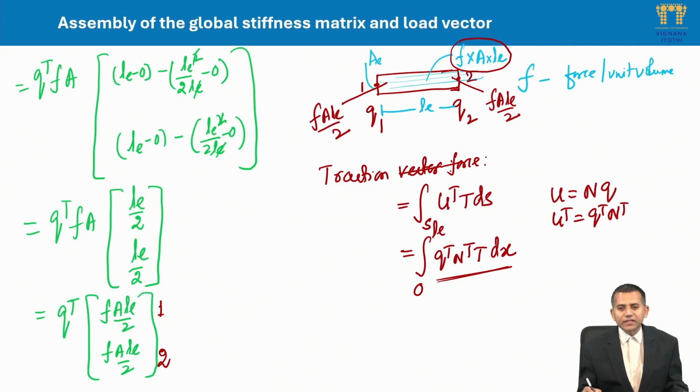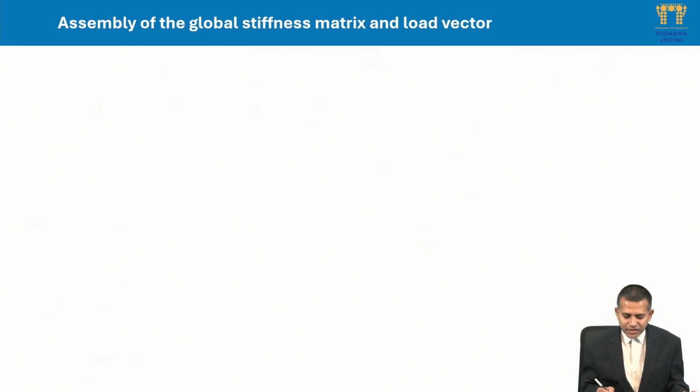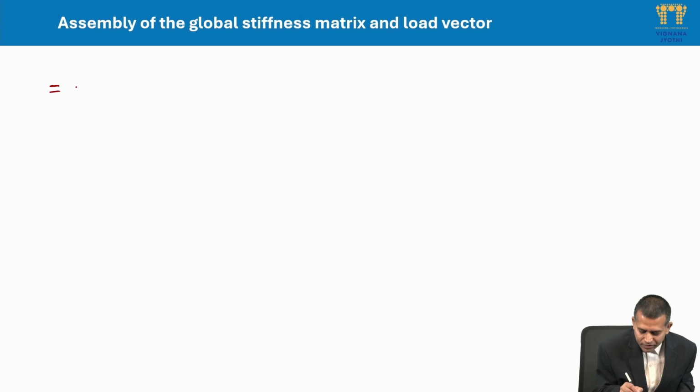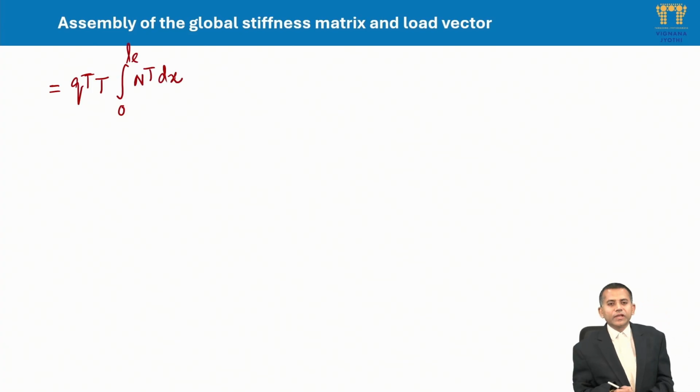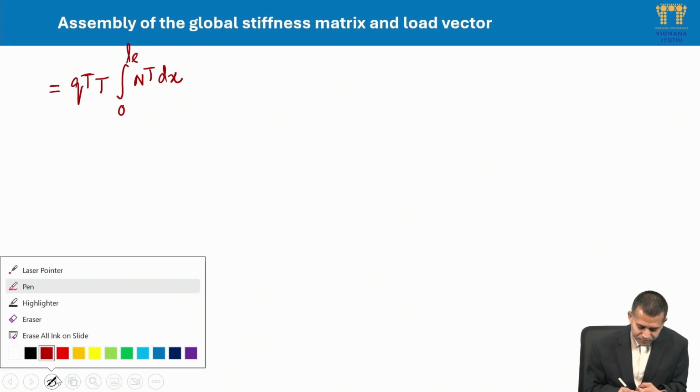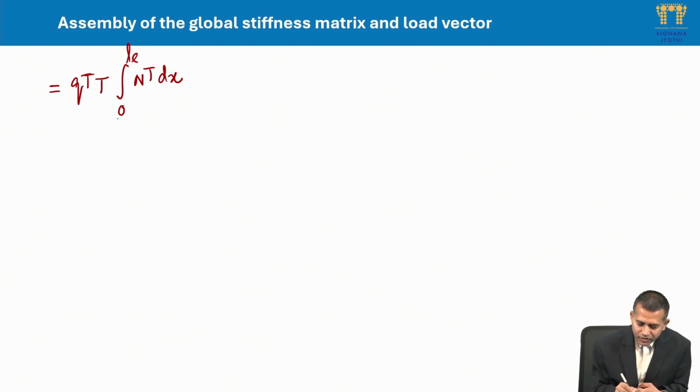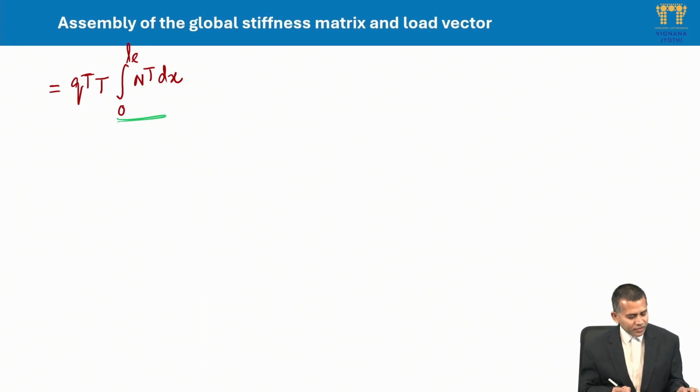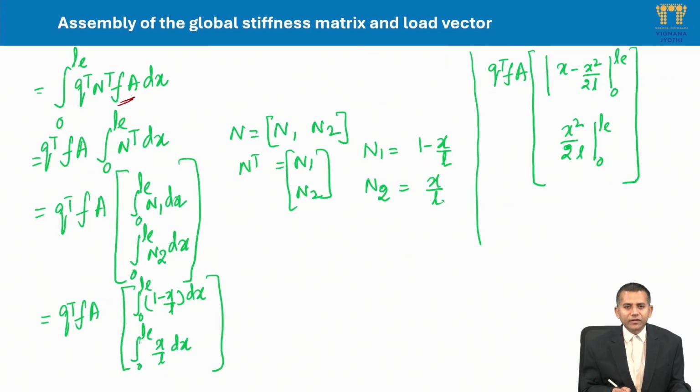So again this T is constant here, and Q is your displacement vector, right? Then if you rewrite this expression, it will become Q transpose, and you can take T out. Then you have the integral 0 to LE N transpose into dx. So if you see this term, this is the same term which we got earlier.